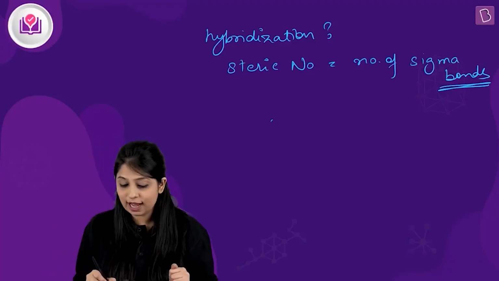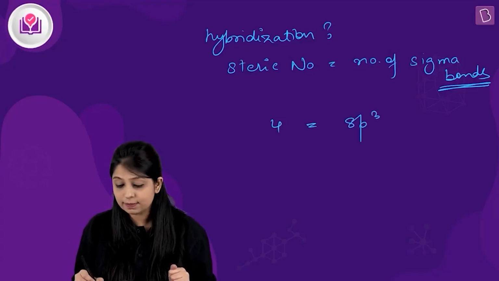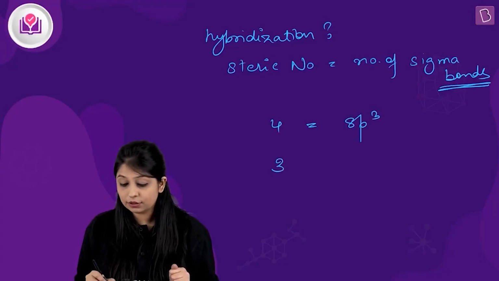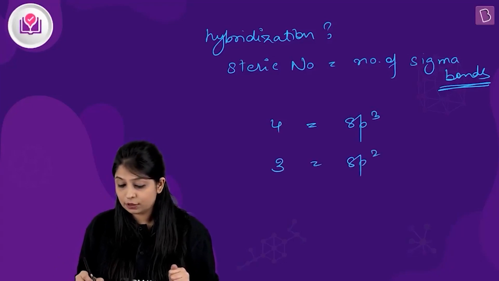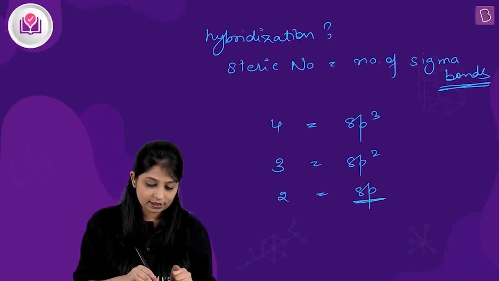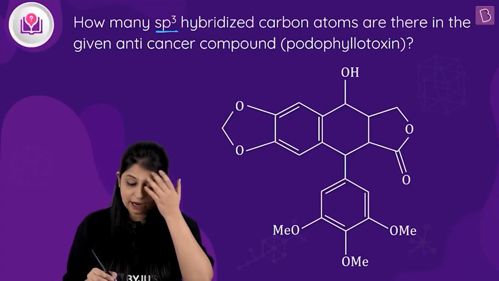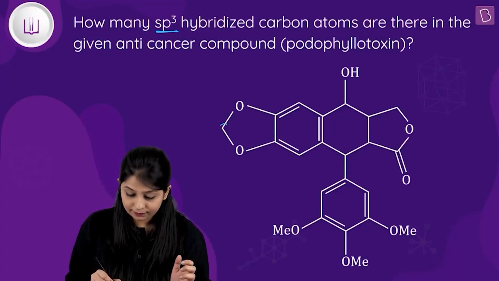So we know that if we have steric number 4, the hybridization is sp3. If we have steric number 3, the hybridization is sp2, and if the steric number is 2, we have hybridization as sp. Okay, so let's go about these carbon atoms one after the other. So this is our first carbon atom, right?